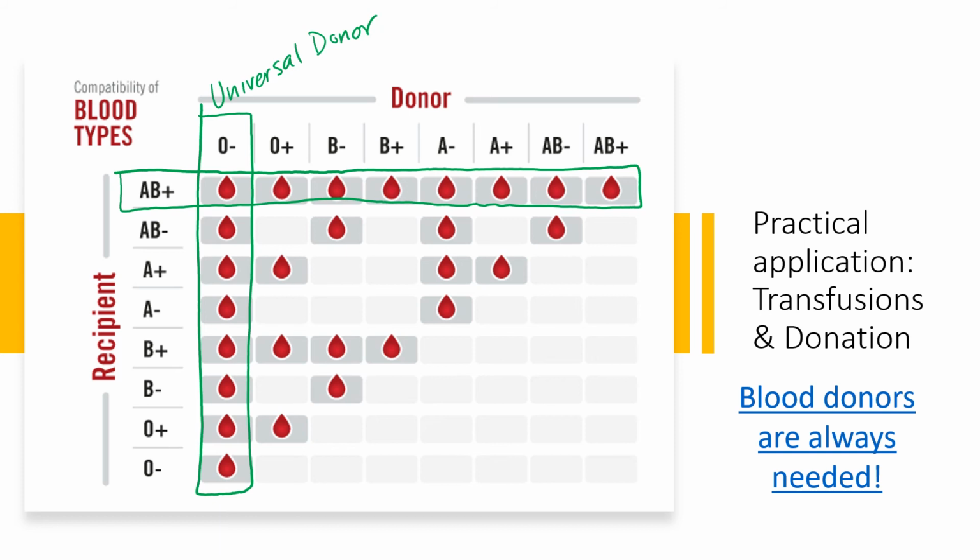If you have AB positive blood, you have type A antigens, so you don't have any anti-A antibodies. You have type B antigen, so you don't have any anti-B antibodies, and you have Rh factor, so you're not going to have any anti-Rh antibodies. Therefore, you can get blood from anyone else, and you are a universal recipient.